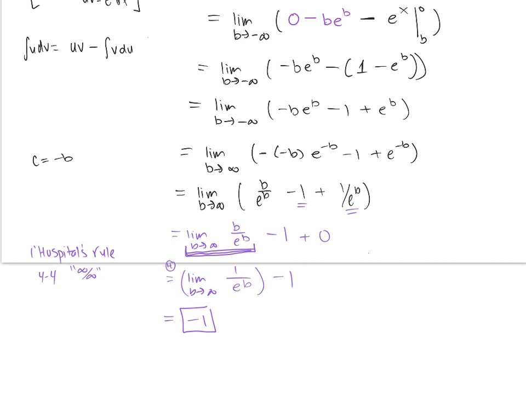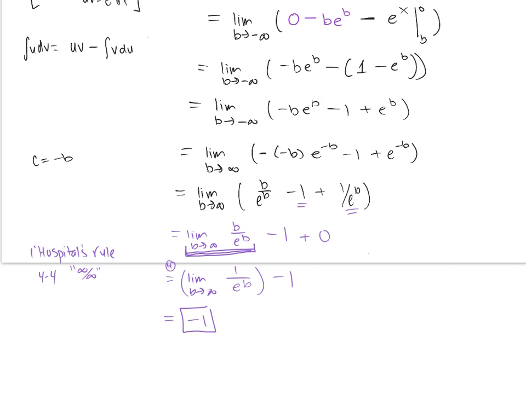I've always found in Calc 1 that it's easier to deal with positive infinities, and this is how you can make it happen. The way I would have done this is I would have just plugged it in right away, but you can't just plug in infinity and say something is true.